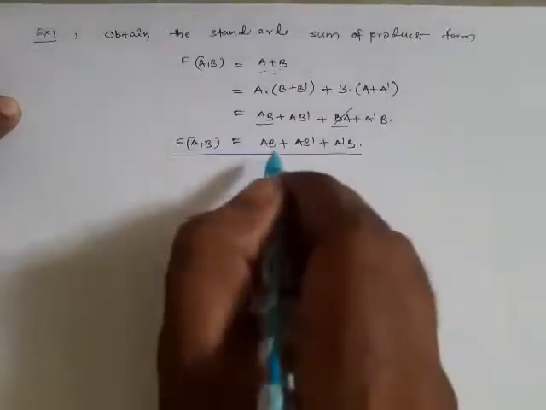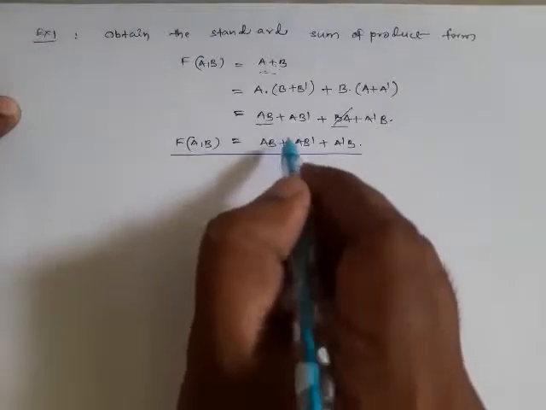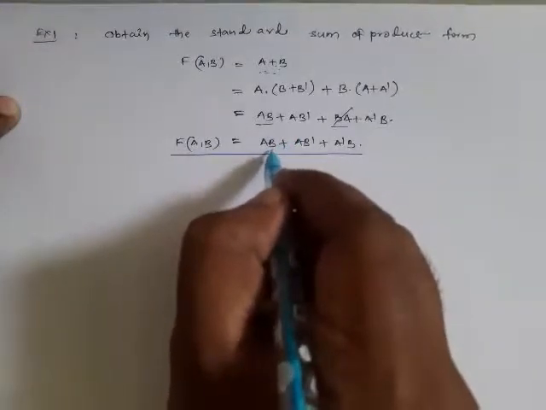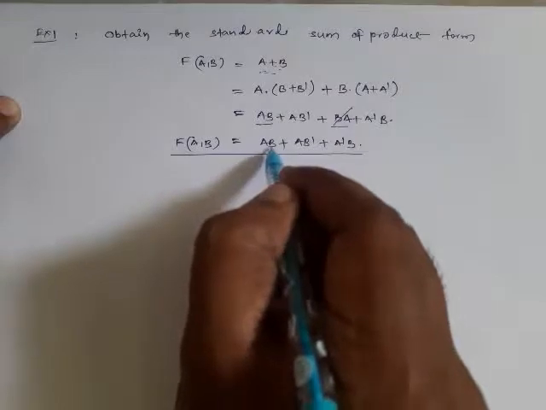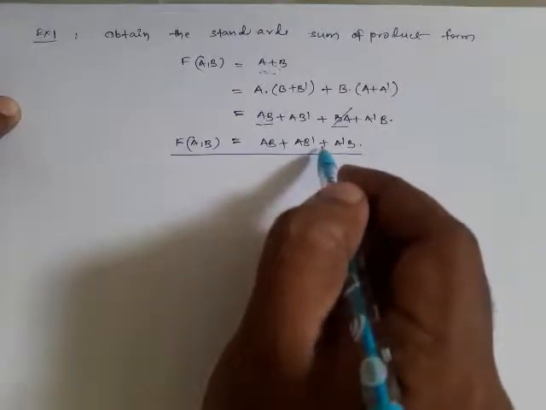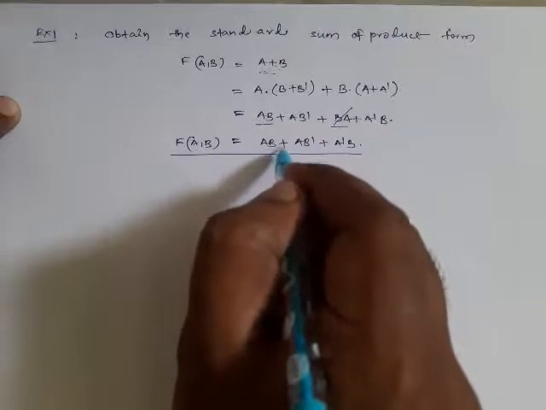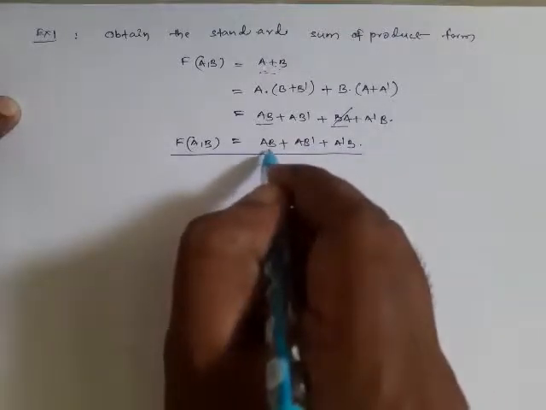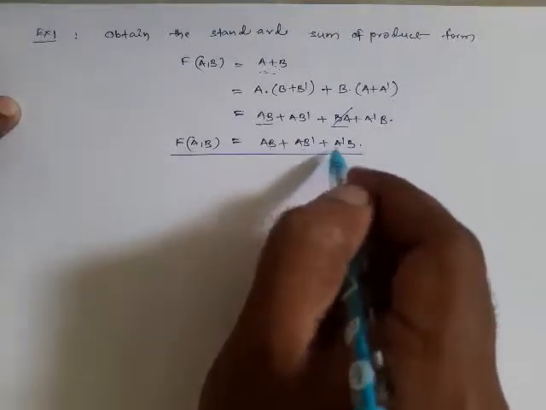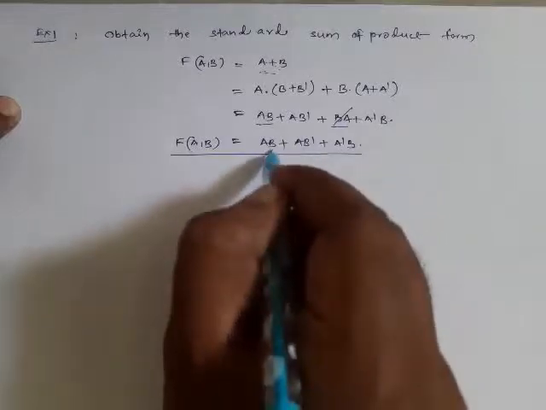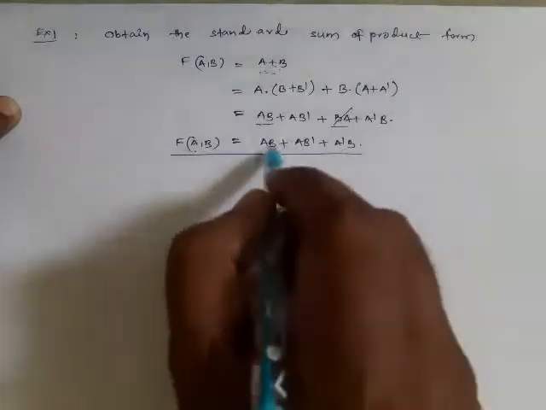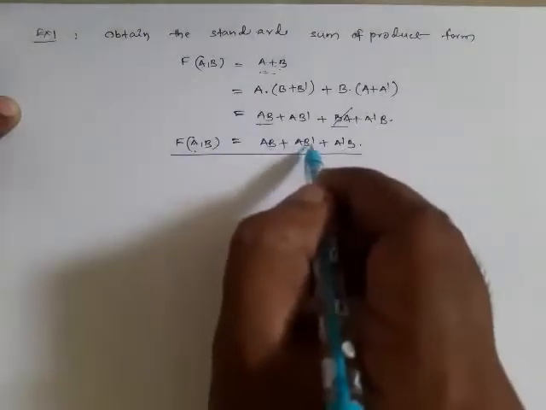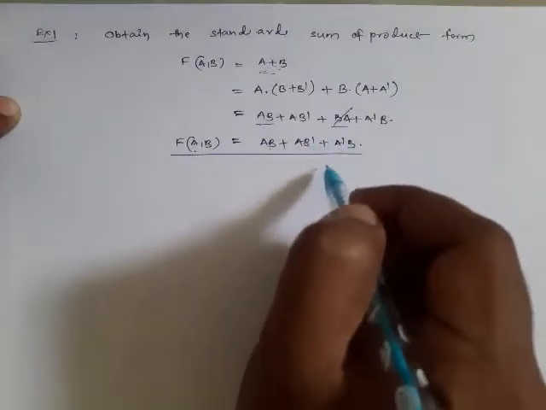Now the function is expressed in the form of standard sum of products or sum of minterms. As you can see, each product term contains all the variables on which the function depends, and those variables are present either in original form or complement form.